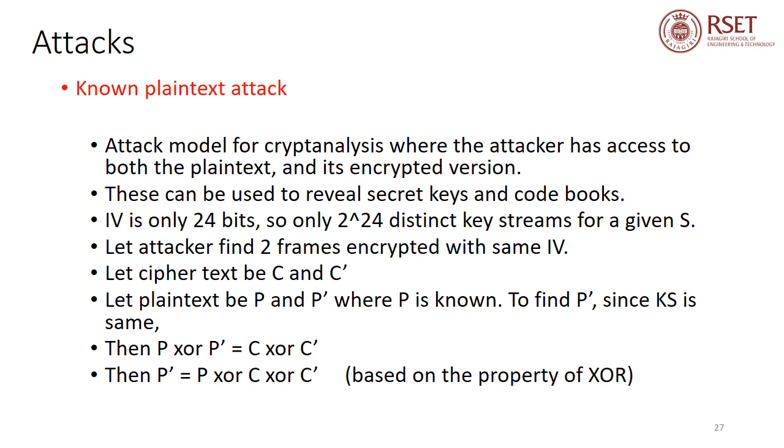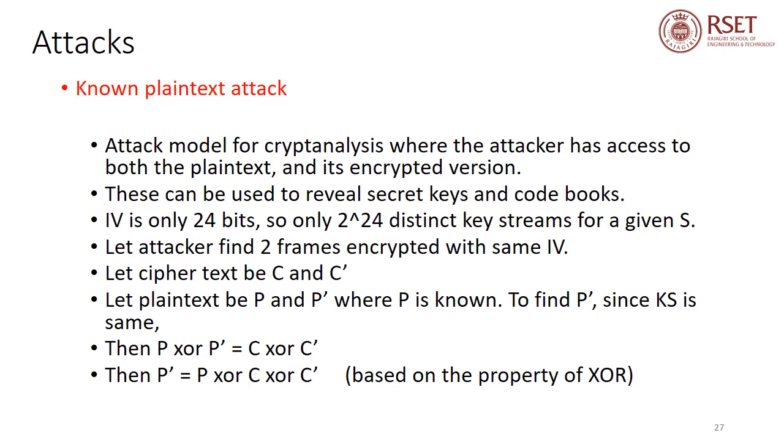In this particular case, we have already assumed that the initialization vector is only 24 bits in length. So, for a given shared secret value S, only 2 raised to 24 distinct key streams are possible. Now assume that an attacker has got access to two frames which are encrypted using the same initialization vector IV.